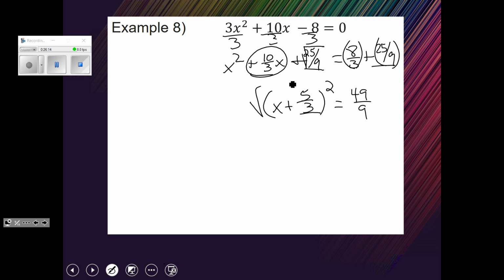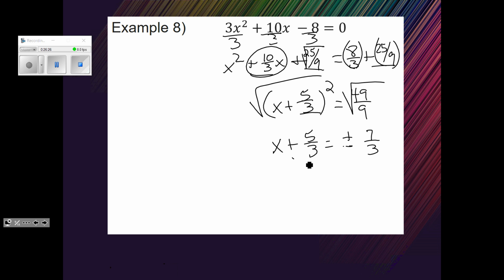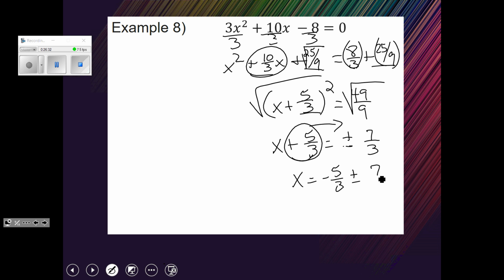So then I take the square root on either side. So this will be x plus 5/3 is equal to plus or minus, what's the square root of 49? 7 over 3. Okay? And then we're going to move this over, and x is going to be negative 5/3 plus or minus 7 over 3. Is this one that we keep going, or is this one that we leave? Keep going.